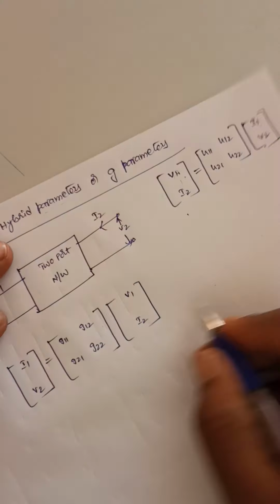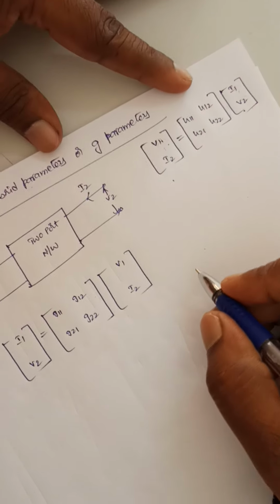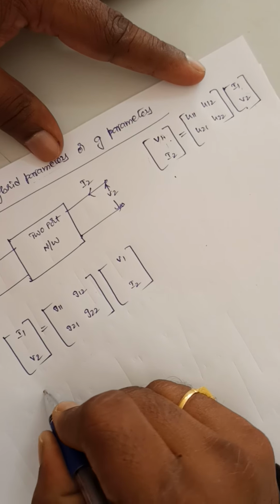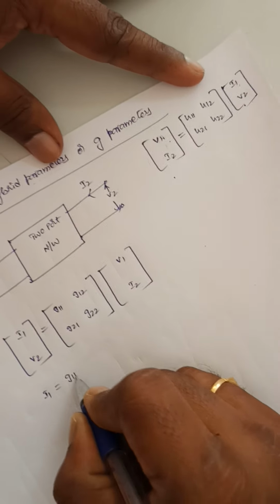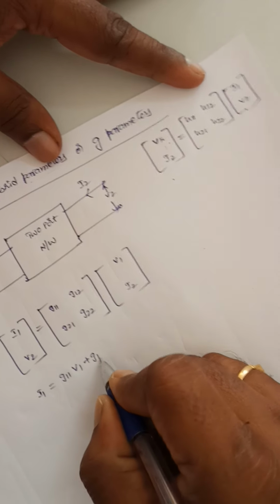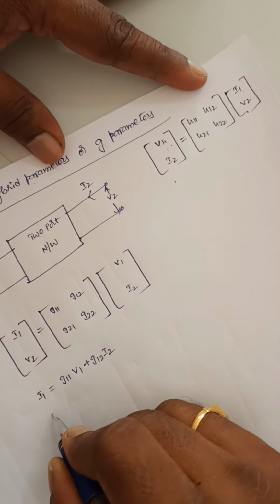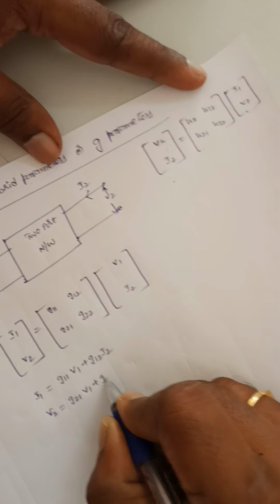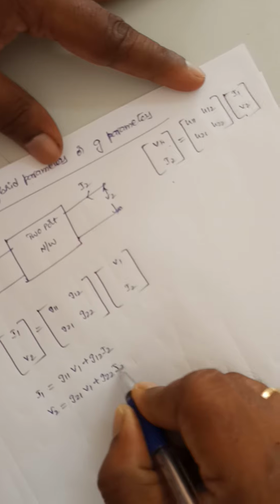Now you see the relation between voltages and G parameters. Now write them. I1 is equal to G11 V1 plus G12 I2. V2 is equal to G21 V1 plus G22 I2.